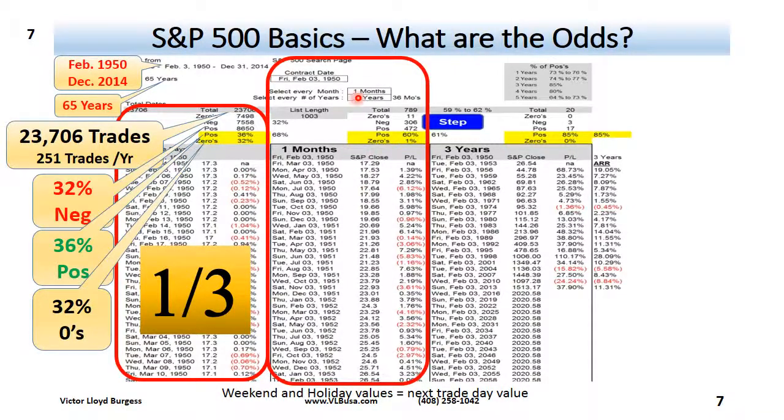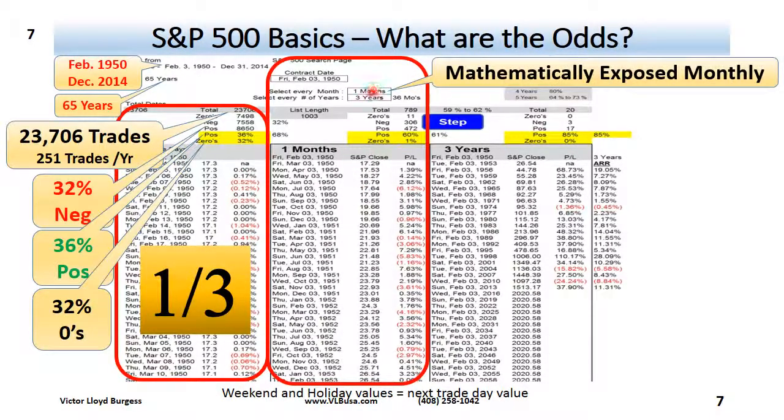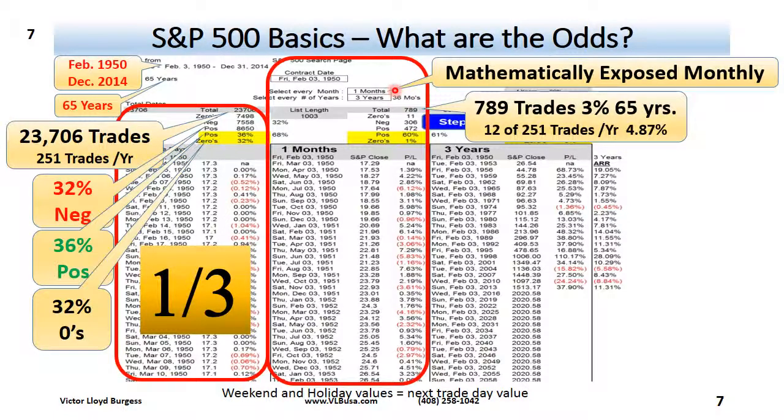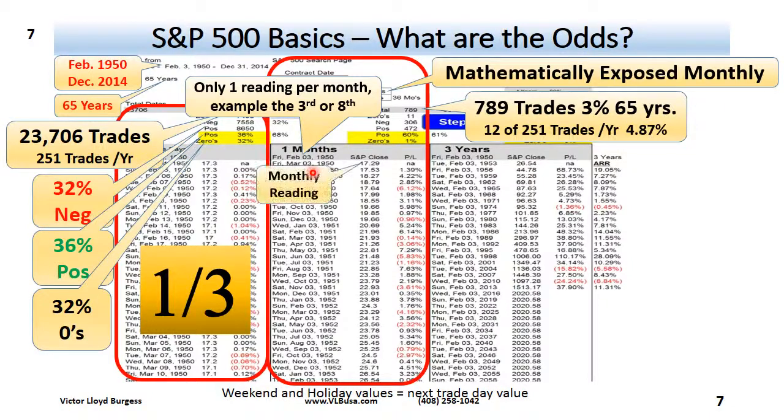Now, if we could look at the S&P only one time a month, mathematical exposure on a monthly basis, we do that every month on the same day. Now we only have 789 trading days in that 65 years. We're going to read it once a day, let's say on the 3rd or 8th, depending on a contract, and we're going to record the monthly reading.